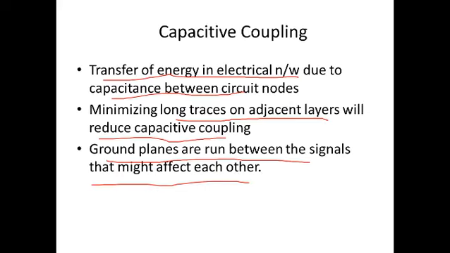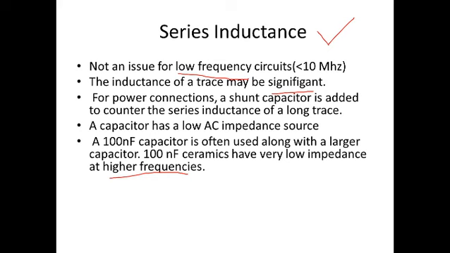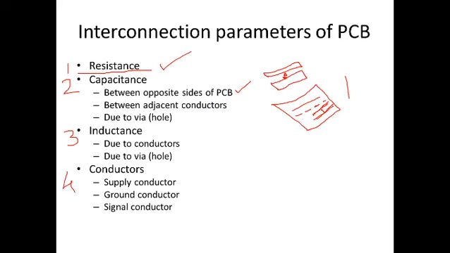Okay, so this completes the different effects there: resistance, capacitance, inductance, and conductor. Conductors are also going to create a problem. So for that, the width of the supply ground conductor should always be greater than the width of the supply conductor, and that should also be greater than the width of the signal conductor.